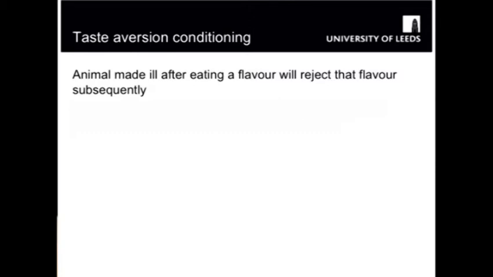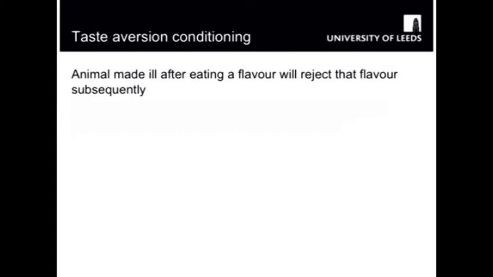In studying it with animals, we give the animals a novel flavour, and then we make them feel ill by giving them an injection of lithium chloride. So with rats, we can study taste aversion learning by giving them a novel flavour and then an injection of lithium chloride. This makes the animals feel ill, but because rats don't have a vomit reflex, we can't ask them how ill they are, and so we have to assess their illness by seeing how much they will drink of another drink.